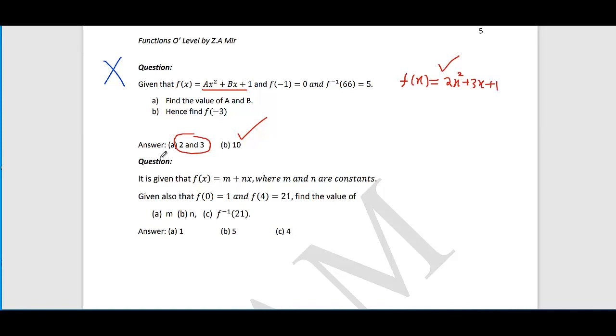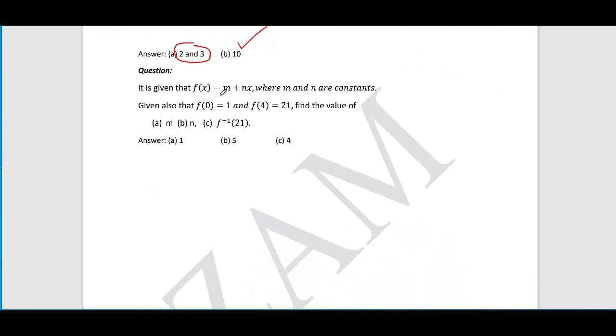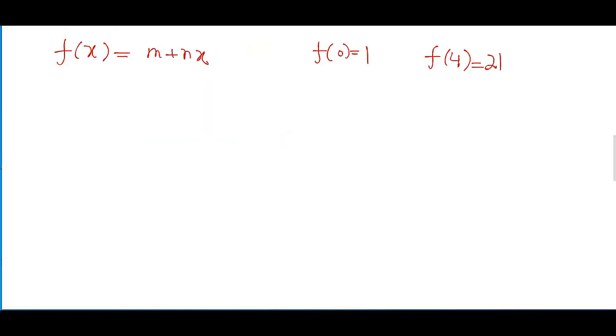So here, this is the last question, and here the function is f of x is equal to m plus nx. So we have to find the values of m and n, and to find these two values, we should have two pieces of information. The first information is f of 0 is equal to 1, and the second information is f of 4 is equal to 21.